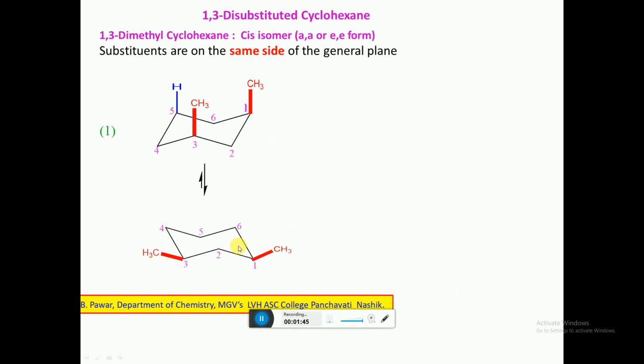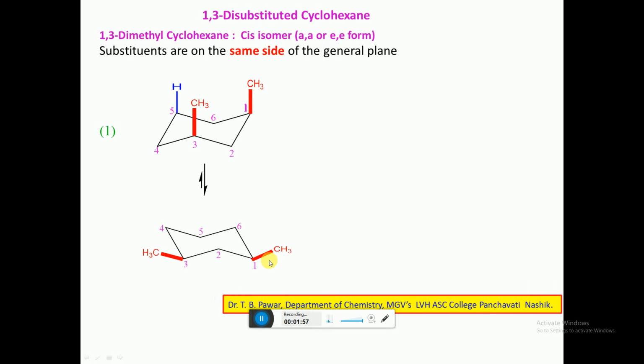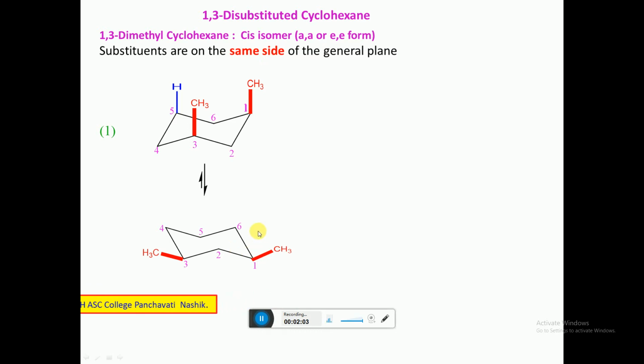So this structure becomes the diequatorial 1,3 dimethyl cyclohexane, that is cis, because both the methyl groups are projected in the upward direction. Both the methyl groups are on the same side of the general plane, so it is a cis structure.